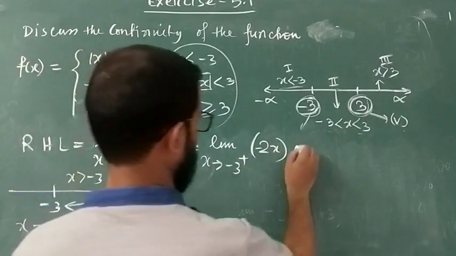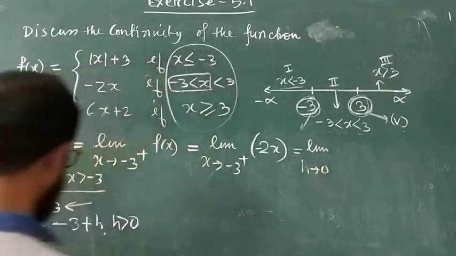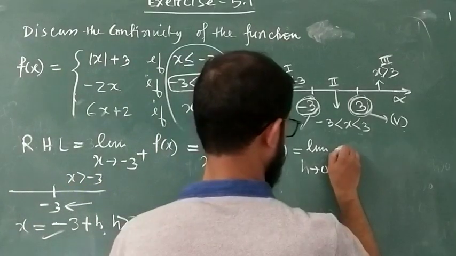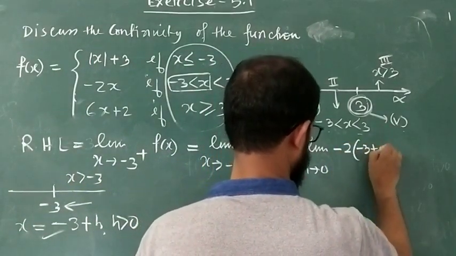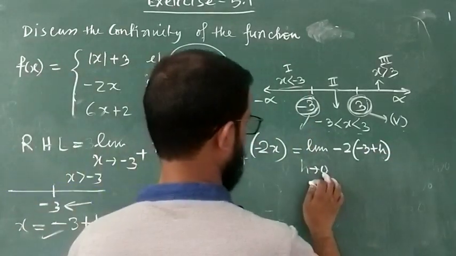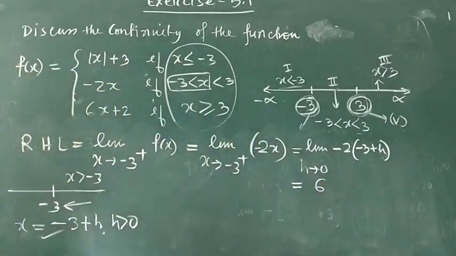Then in another step, limit h tends to 0, x will be replaced by minus 3 plus h, so minus 2 into (minus 3 plus h). If you put h equal to 0, you get the limiting value equal to 6.